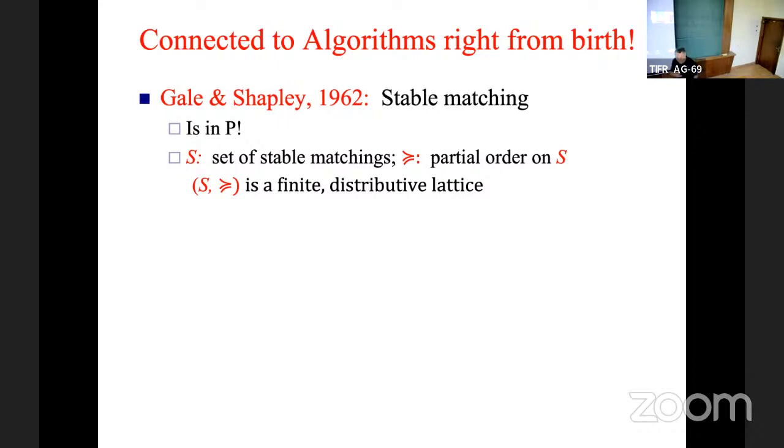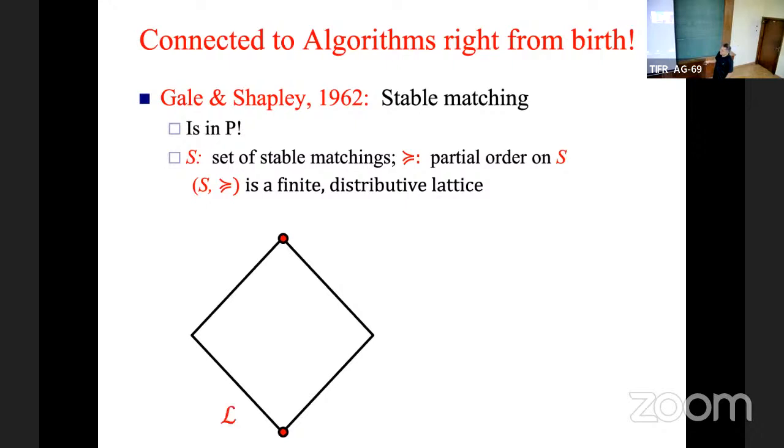A lot of incredible, very clean structure, which gives rise to many more algorithmic results. So, for instance, if you take the set S of all stable matchings and impose a certain partial order, which I will not define, then under this partial order, S is a finite distributive lattice, which means that it has a top element and a bottom element.